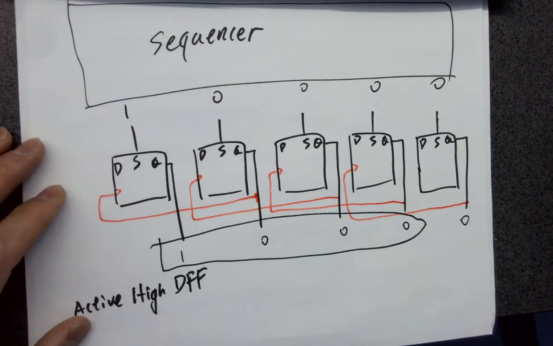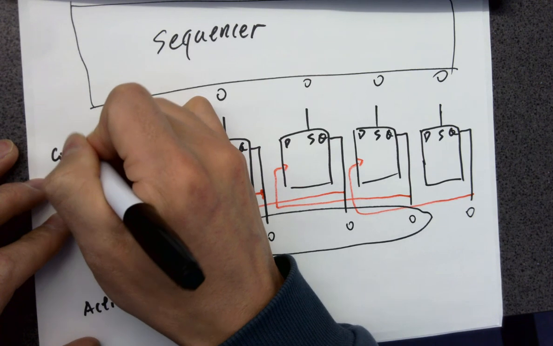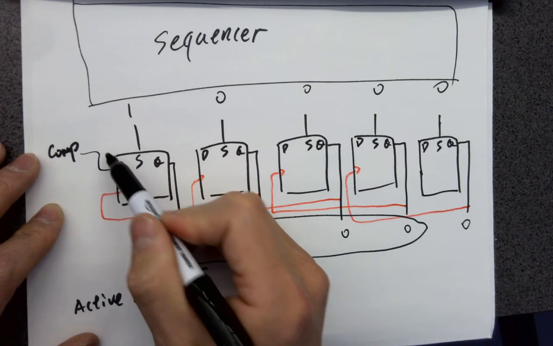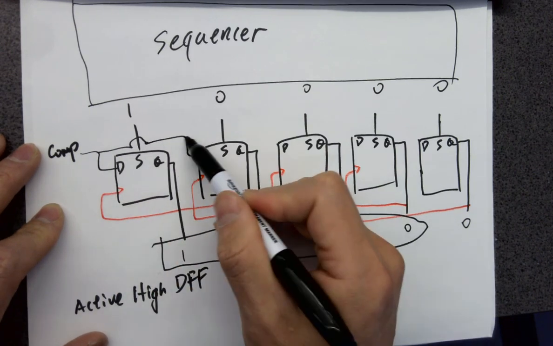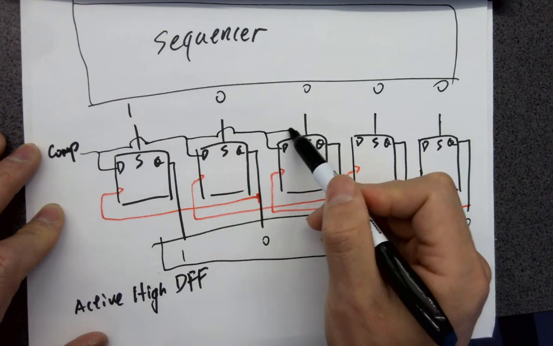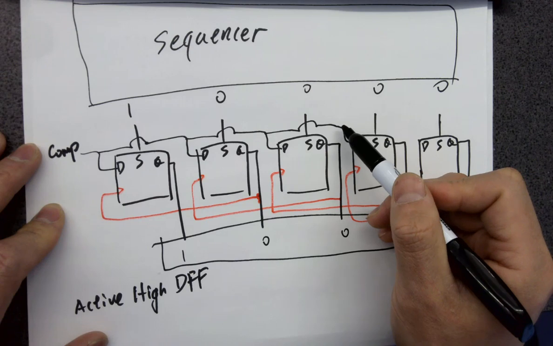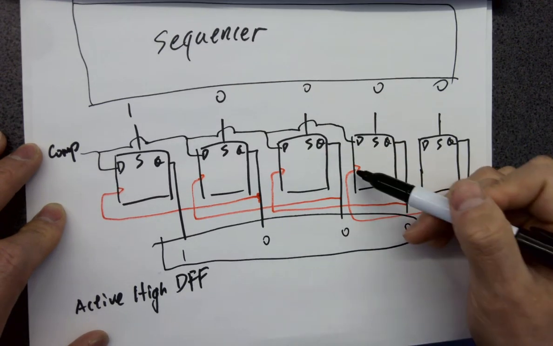Okay, and then we connect the comparator's output. That's the output from the op-amp, from the comparator, to here, here, here, here. We don't need this one. This one's just providing a clock for the previous stage.